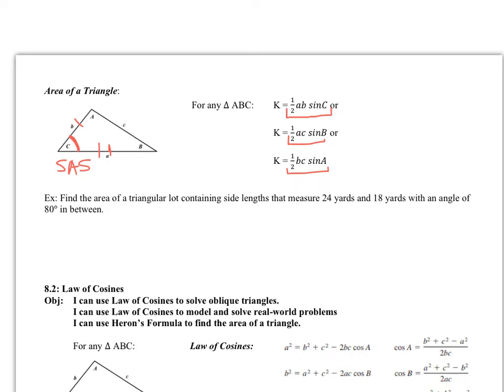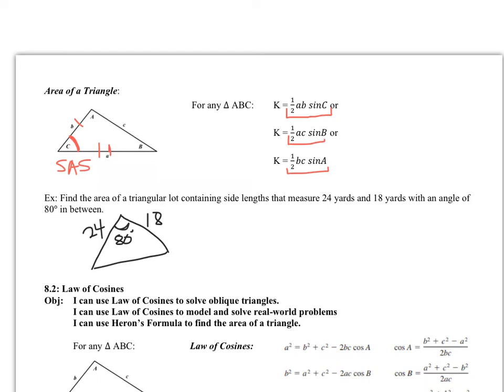Let's try our example. Find the area of a triangular lot containing side lengths that measure 24 and 18 yards with an angle of 80 degrees in between. So if we sketch what this looks like, we're just going to draw an oblique triangle like so. We know one side length is 24, we know one side length is 18, and the angle in between them is 80 degrees.